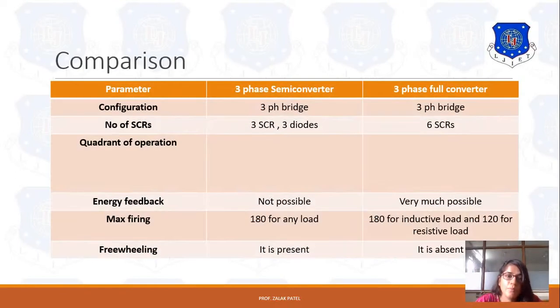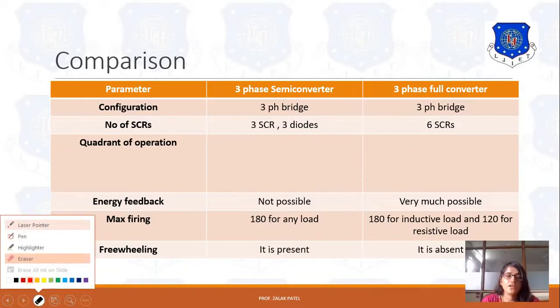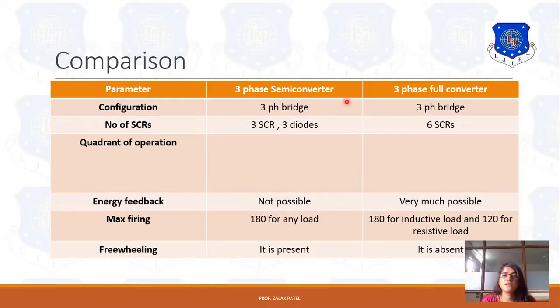So let's move towards the comparison between the 3-phase semi-converter and 3-phase full converter. So first of all, from the configuration point of view, 3-phase semi-converter and 3-phase full converter both use the bridge configuration.